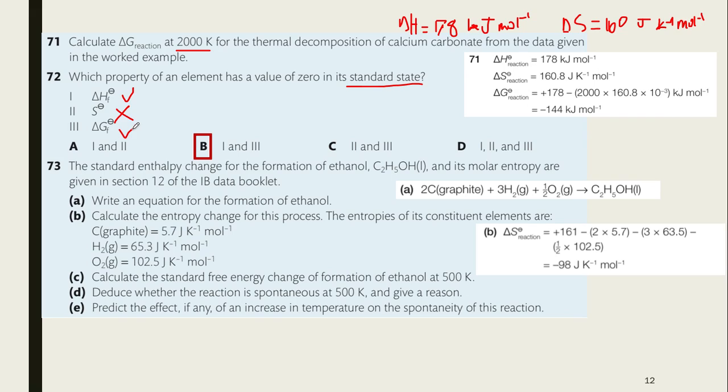So you need to take 2 times the 5.7 for carbon, 3 times the 65.3 for hydrogen, and 1/2 times 102.5. Now the 161 for ethanol comes from the data booklet, so you should find that there. That is our product. So when you do this, you get an entropy change of negative 98.